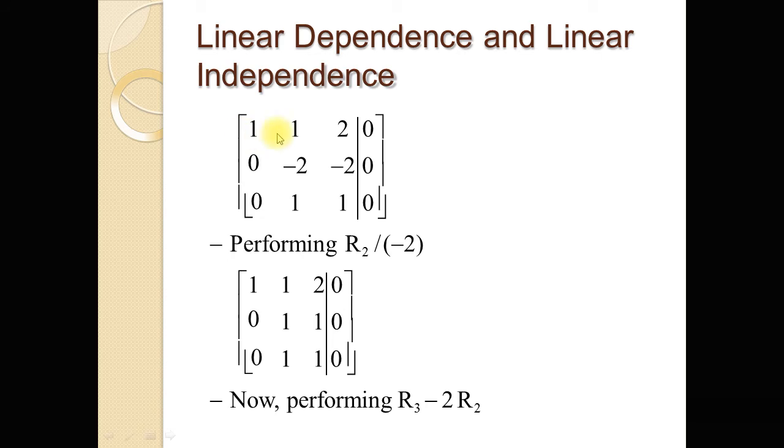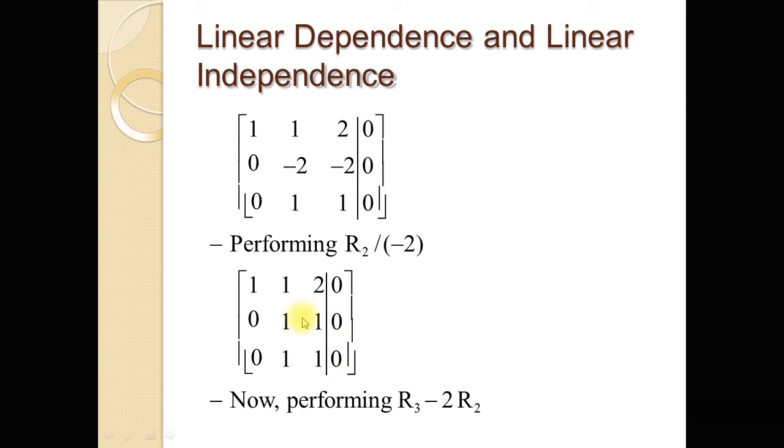So 1 1 2 0, 0 minus 2 minus 2 0, 0 1 1 0. Now multiplying the second row by minus 1 over 2, we obtain 1 1 2 0, 0 1 1 0, and 0 1 1 0.